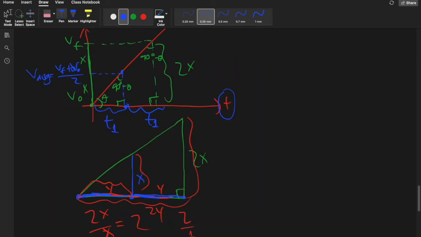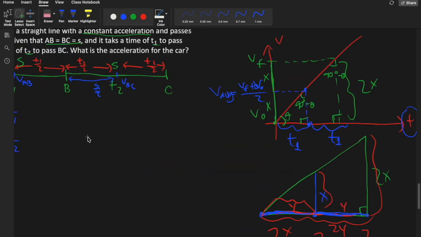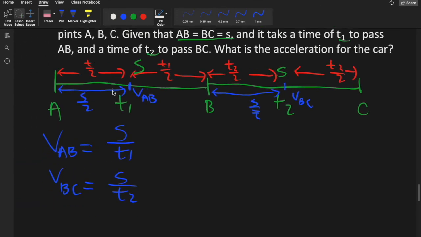So that's why the average velocity is in the middle. So let me just go back here. So we know the average velocity here. We also know it must be in the middle of the graph. Then how can we solve this problem?